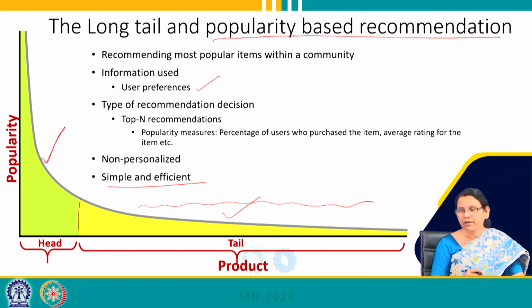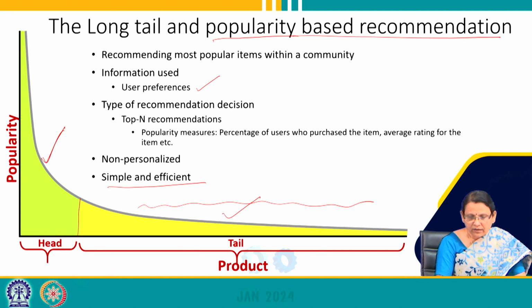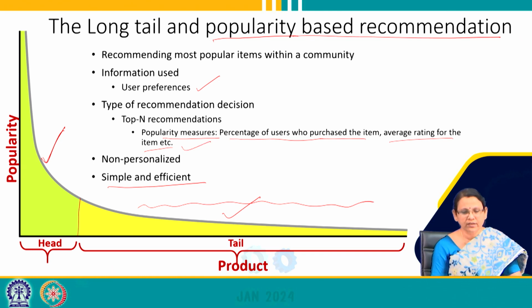So, it is not about the recency, it is about which items are going to be popular in that particular time. So, this popularity measure can be of various types: percentage of users who purchase the items, average rating of the items and so on. But it typically depends on the kind of application.